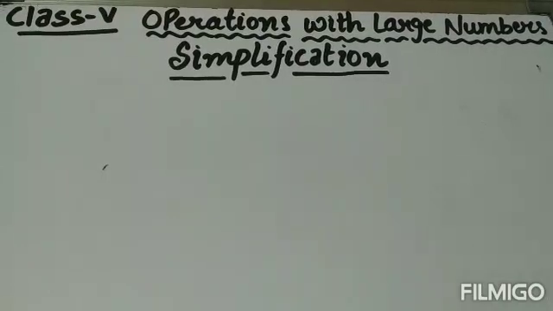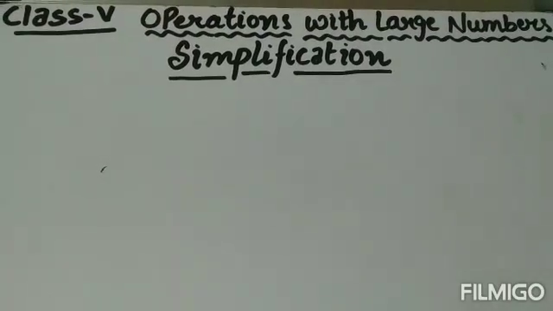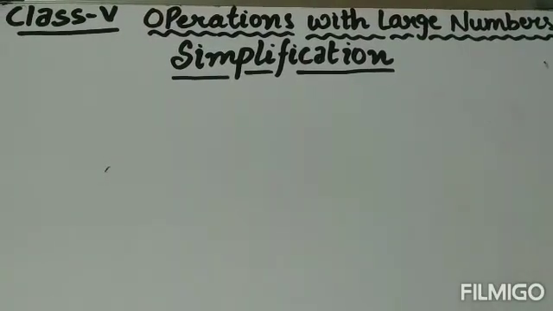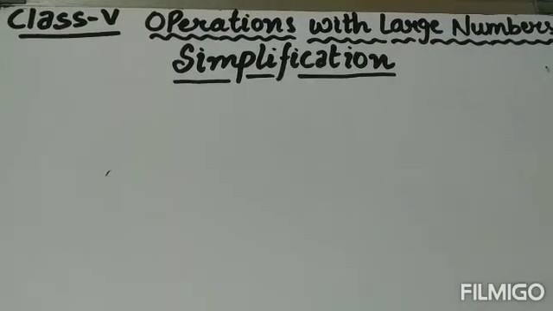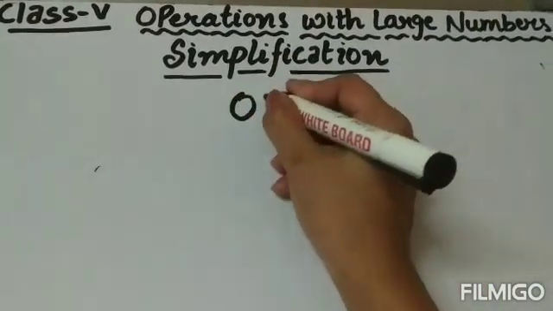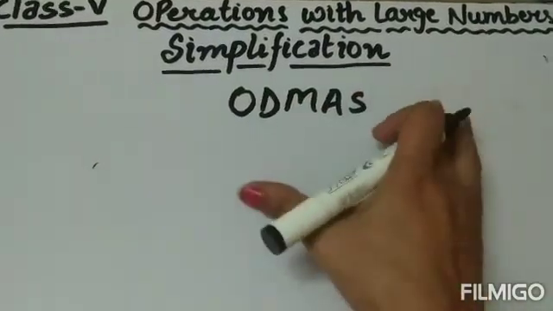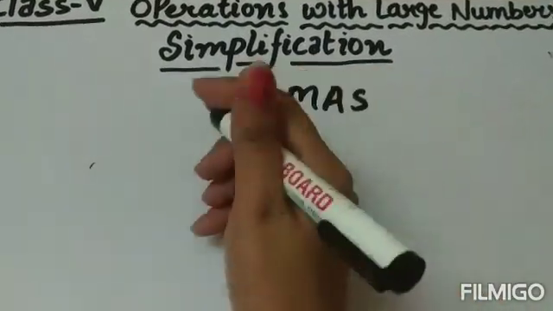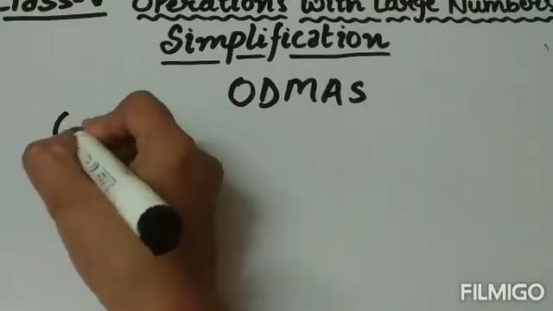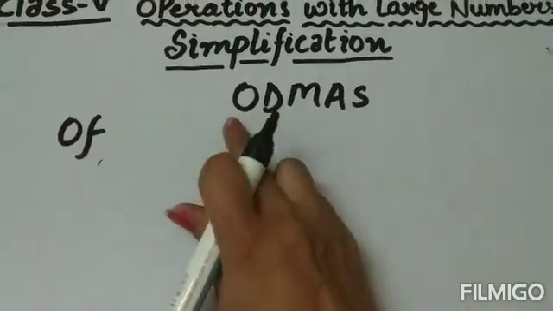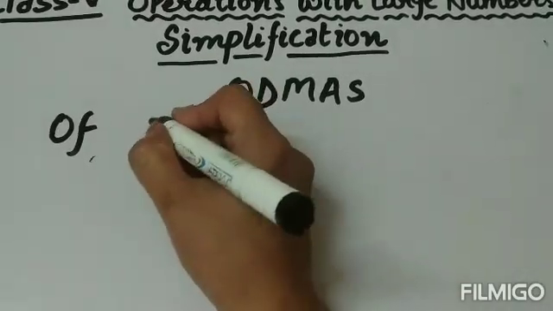Now in a simplification sum, the order in which the operations are to be done is given by ODMAS. What does ODMAS mean? O means of. D means division.